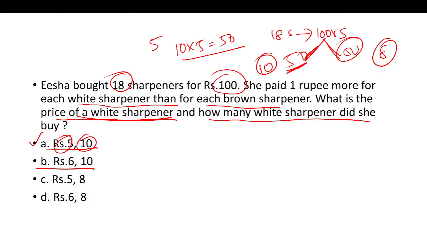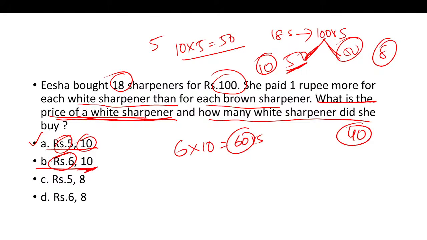Go for option B. Suppose the price of a white sharpener is 6 rupees, and she bought 10 white sharpeners. Totally on white sharpeners she is spending 60 rupees, and the remaining 40 rupees must be spent on brown sharpeners. Totally she is buying 18 sharpeners. In this 18, 10 are white, remaining 8 are brown.